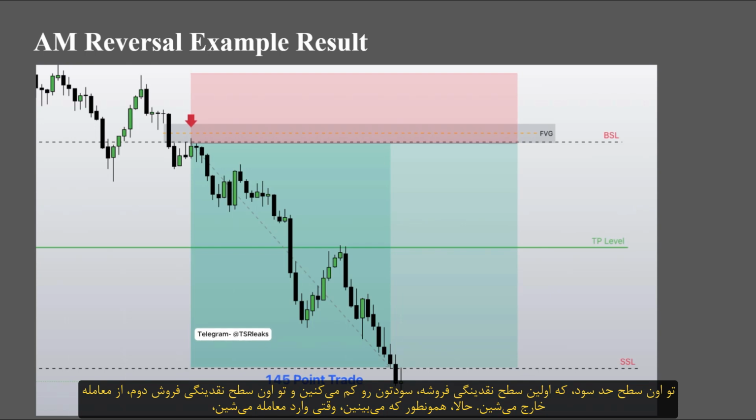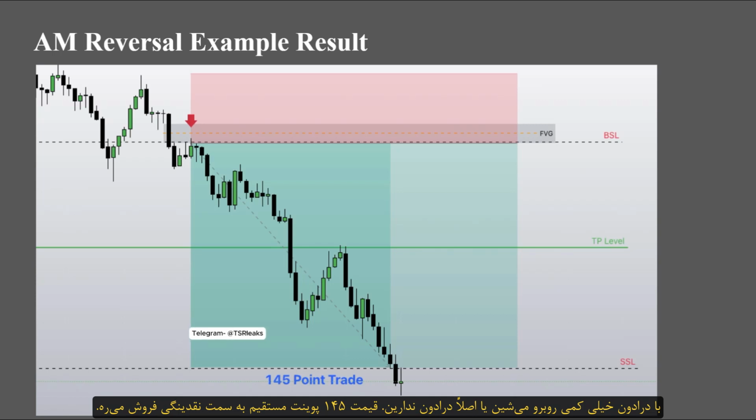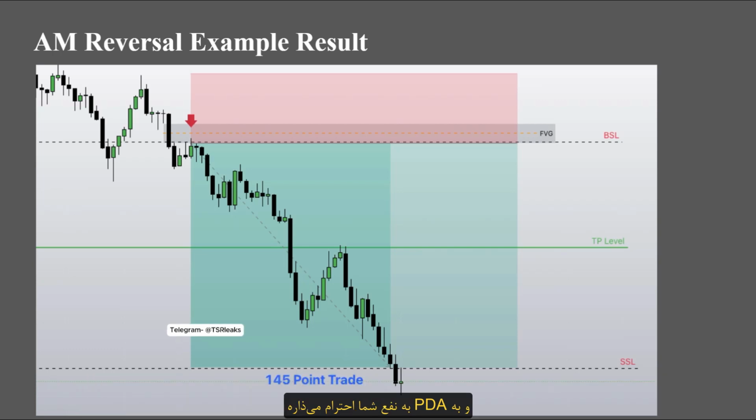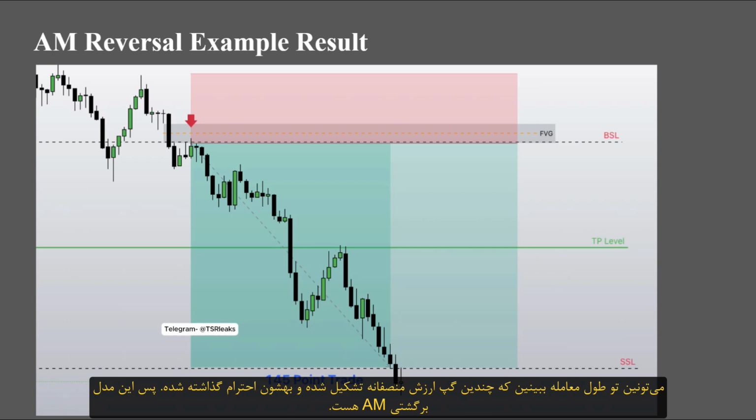Now, as you can see, when you enter the trade, you face little to no drawdown. Price goes 145 points straight down to sell side liquidity. Along the way, price respected the bearish PD arrays throughout the trade. That is what you want to see. You want to see price disrespect opposing PD arrays and respect PD arrays in your favor. You can see along the trade, several fair value gaps formed and they were respected.